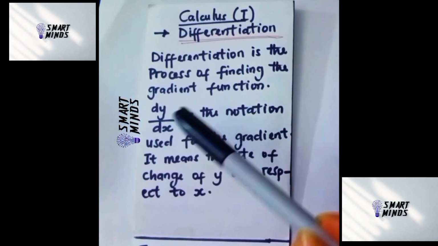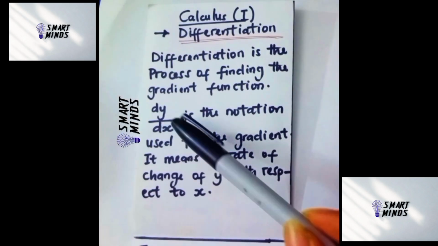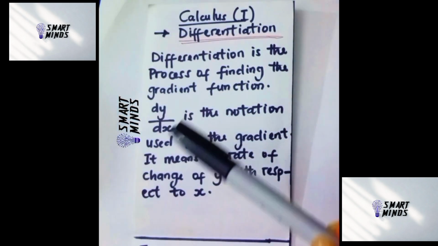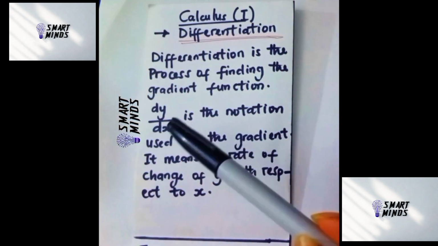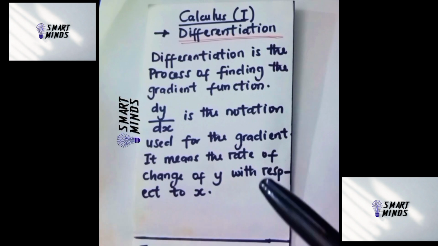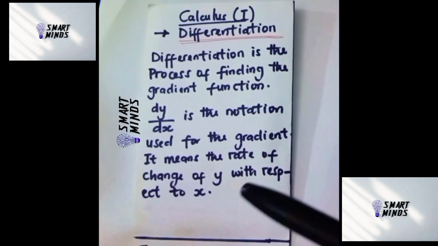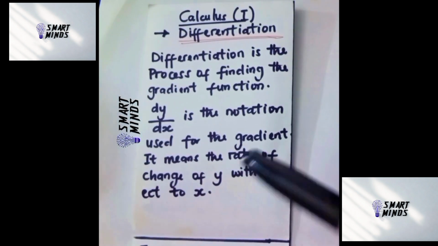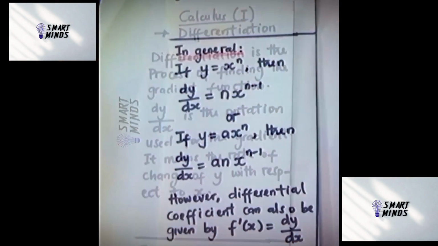Anyone that suits you, you can use it. So dy by dx is the notation used for the gradient, and it simply means the rate of change of y with respect to x.